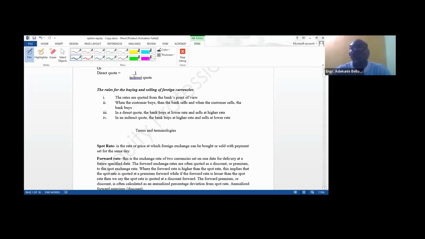Please, you are going to memorize these rules, because if you are dealing with a question on foreign currency, it is either you are buying foreign currency or you are selling foreign currency.